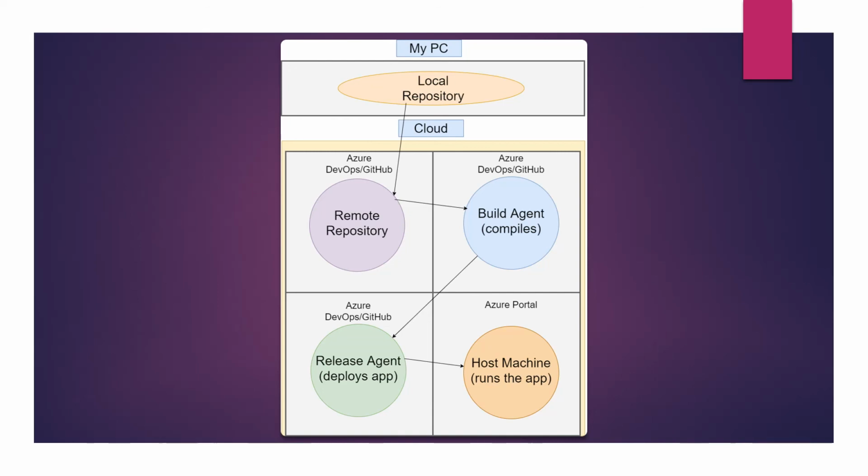That is a new version of artifact available, which is a new version of your compiled application. And that triggers, guess what? Continuous deployment pipeline. The release agent then takes that packed code, runs the release pipeline, and pushes changes to the host machine, which runs the application. So that's the high-level overview. Let's go through them one by one.